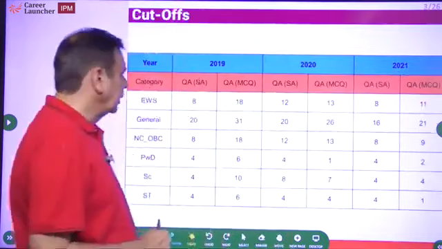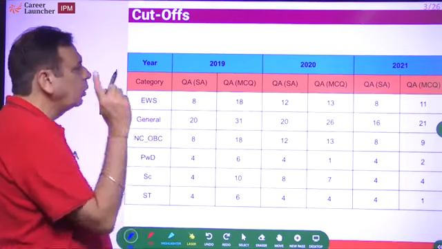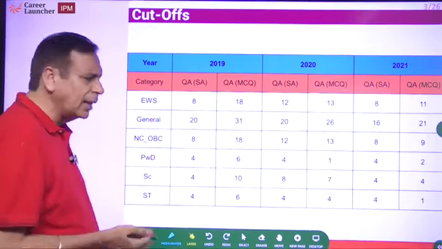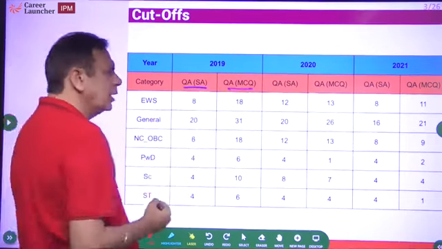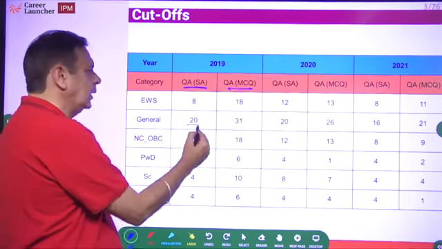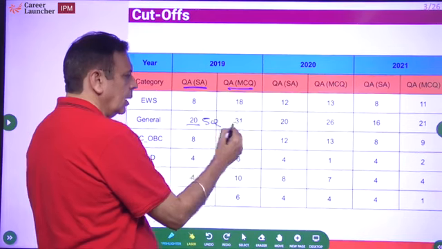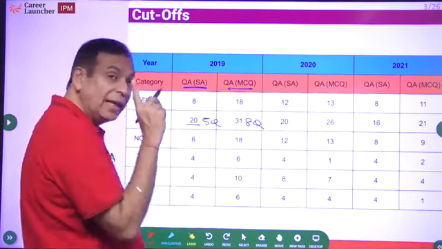Okay. Another thing, if you remember correctly, the cutoffs. The highest cutoff in quantitative aptitude is for the general category, and for every section, by the way. But most importantly, QA, MCQ and essay. 20 questions means 4 marks per question. That means 5 questions. And this is about 8 questions. Okay, 5 out of 20 questions.